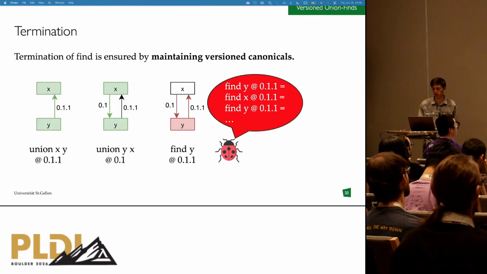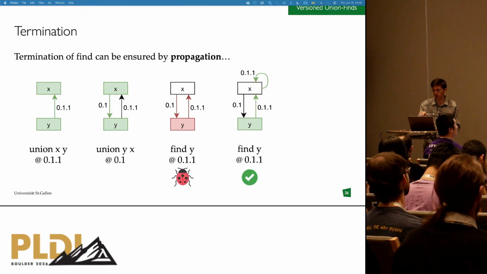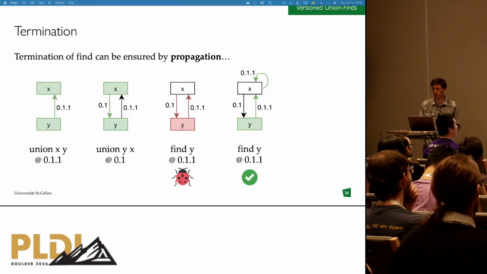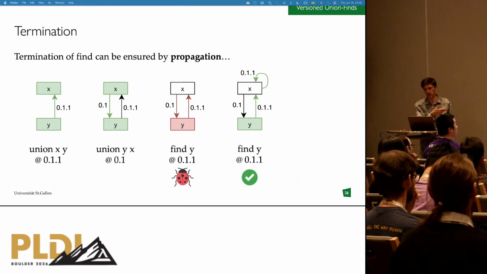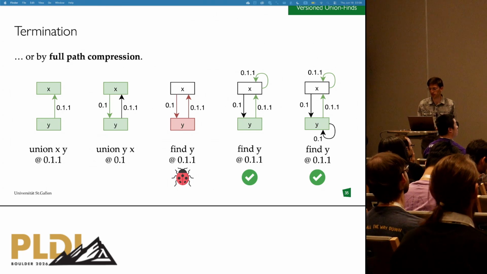So by propagation, I will end up with a configuration like the following, where I know that there is this self-loop around x, and now when the find traverses a self-loop, I know that I've reached the canonical for that specific query. One way to achieve this is by propagation as before, but another way is by full path compression, which achieves a different configuration, but it works all the same. So you can choose which optimization you want to do.